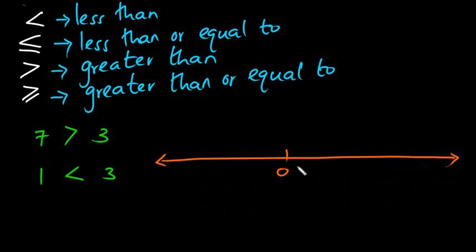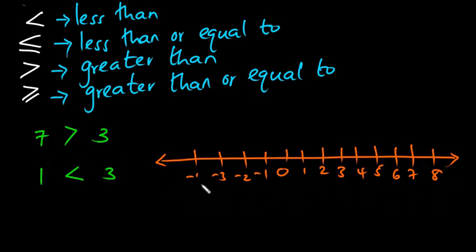Let's have 0, 1, 2, 3, 4, 5, 6, 7, 8, and -1, -2, -3, -4, and -5. Now let's go to the point 3. Here is 3, so let me mark it that way.